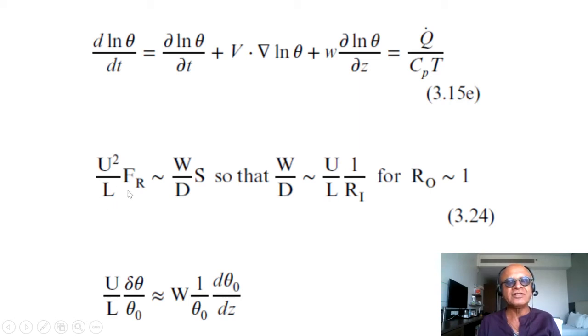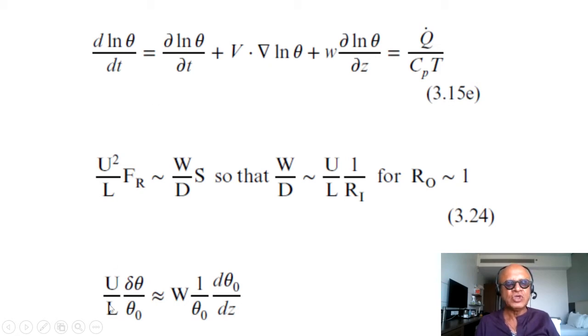U squared over L times the Froude number is again vertical scale of motion versus the static stability, so that vertical scale is related to U over L times 1 over Ri, because R0 is equal to 1 here, which looks similar to the extratropical vertical scale we had derived from the thermodynamic equation.